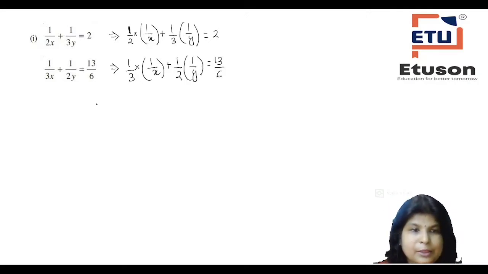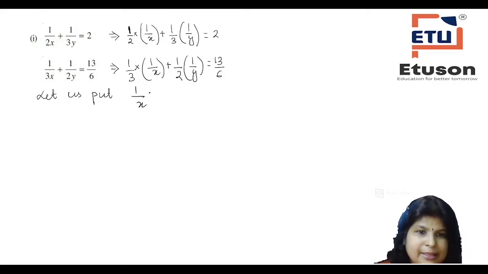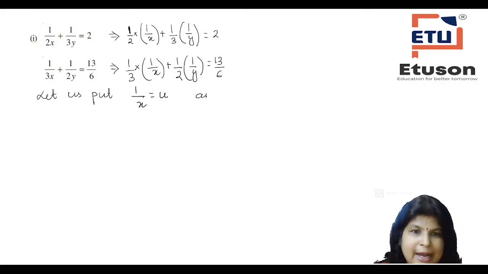Now let us put 1 by x is equal to u and 1 by y is equal to v. Can I do that? Okay, now I will substitute this value of 1 by x in our equation. Then your equation will be 1 by 2 into u plus 1 by 3 into v is equal to 2.